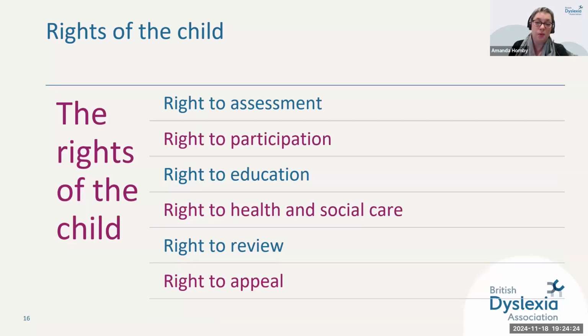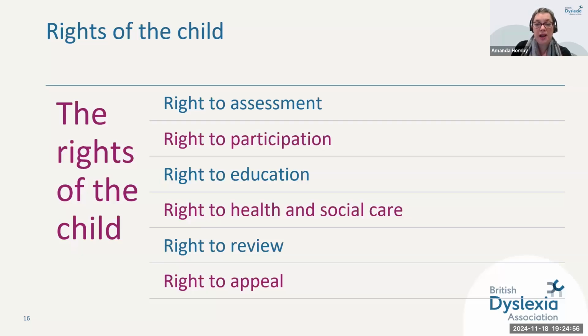The child's views, their wishes and feelings need to be considered through the EHCP, so it makes sure that the plan is tailored to their specific needs, as well as their aspirations. They have a right to education, and the EHCP must detail the educational support, and it might be, for example, one-to-one tuition or specialist teaching to make sure that your child can access education on an equal footing, the same as their peers as well.